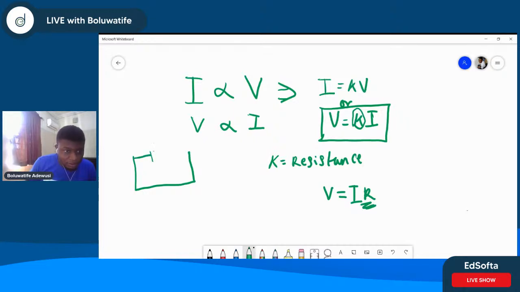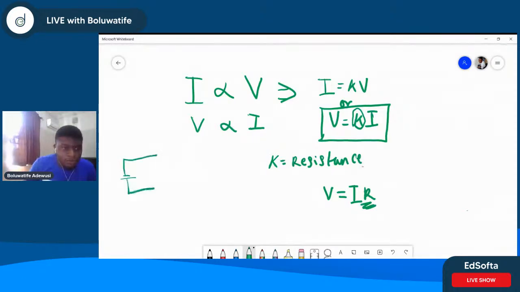Actually, I don't even know how to draw. Sorry, this is wrong, this is not how a battery looks. Let me start from the beginning. Okay, so I have a cell. This is what a cell looks like.